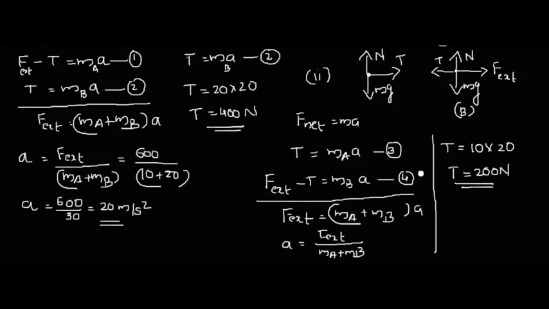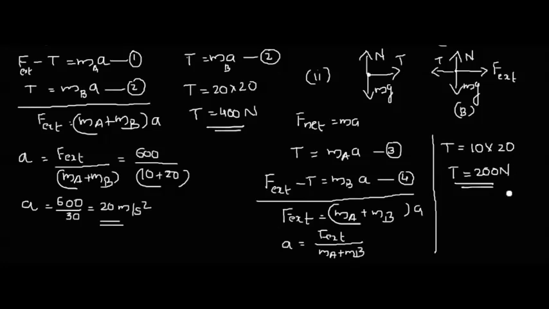So what we can conclude from this? The tension depends upon which mass end we are applying the force on. Depending upon that, the tension developed in the string will change. In the first case, we applied force on block A, and in that situation we have the tension as 400 Newton.